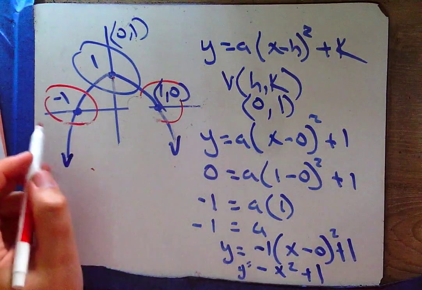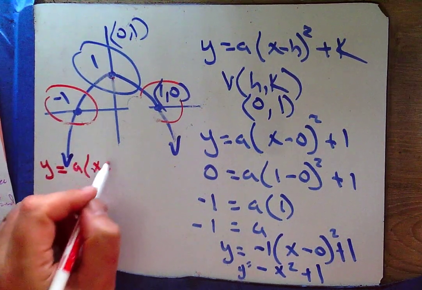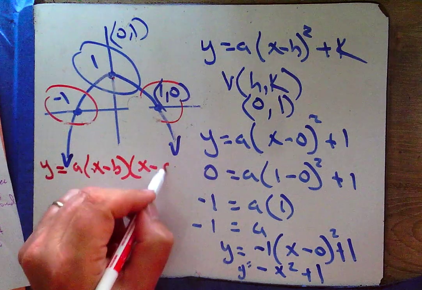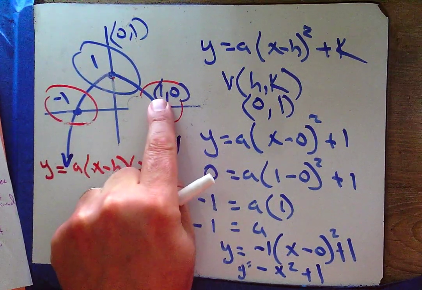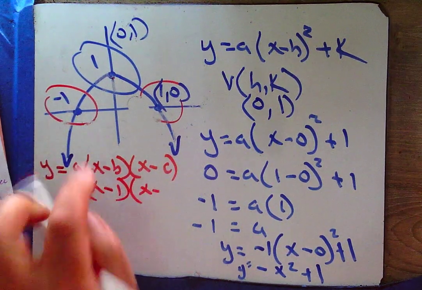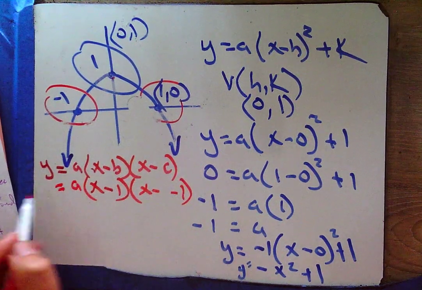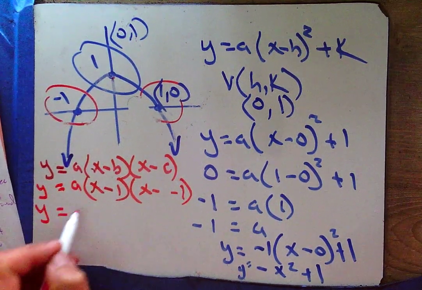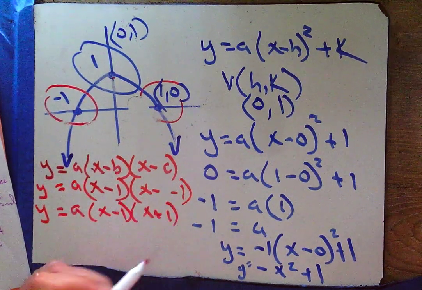Let's take a look at the same problem, but this time let's use intercept form. y equals a, x minus b, x minus c. So b and c are my x-intercepts. I've got a 1, and I've got a negative 1. So y equals a, x minus 1, x plus 1.